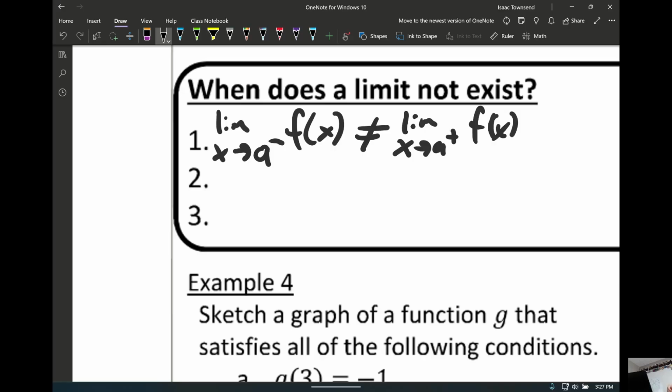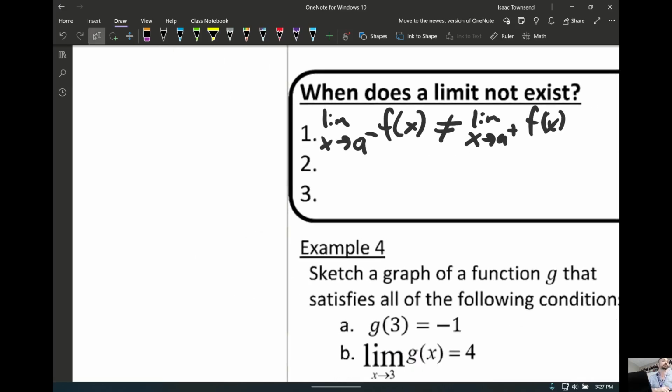Okay, I gave you no heads up about the other two, but does anyone have a guess you want to throw out? Like if it asymptotes in one direction but it doesn't in another? I'm not sure if you're saying the exact right thing, but you are very close when you're saying asymptotes.